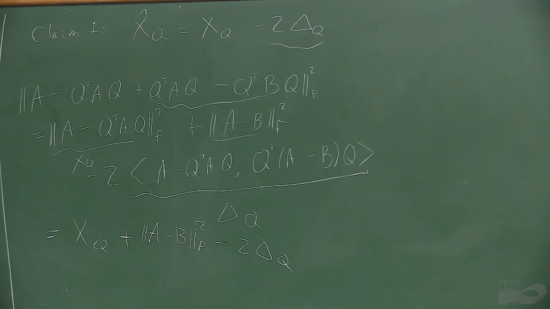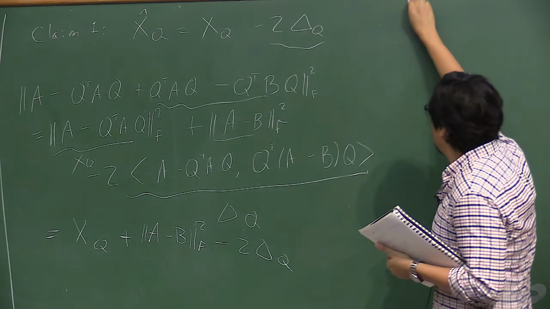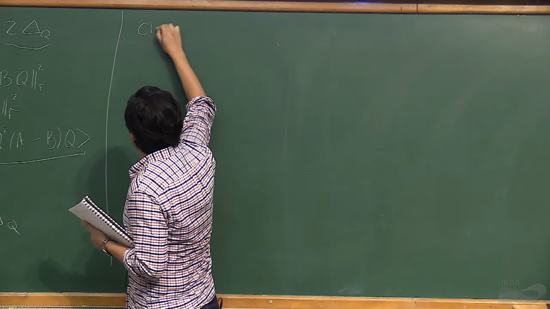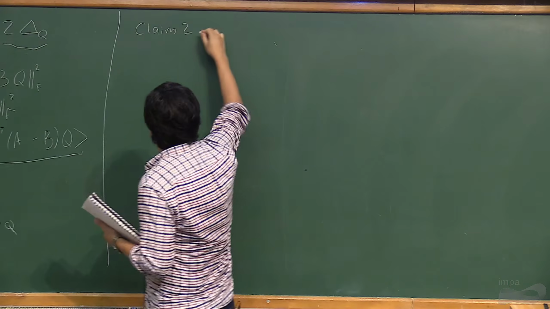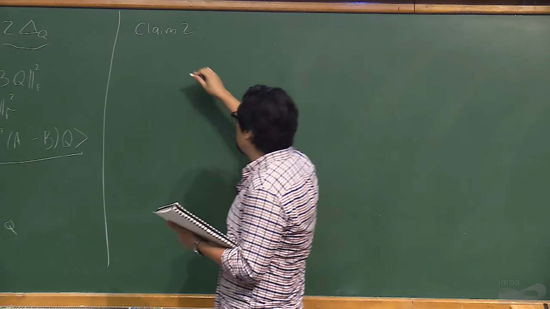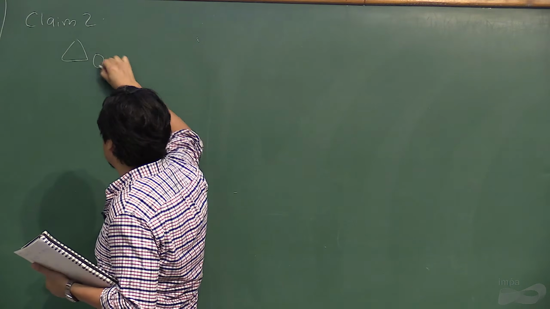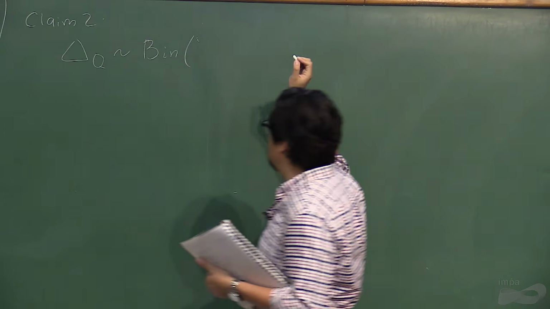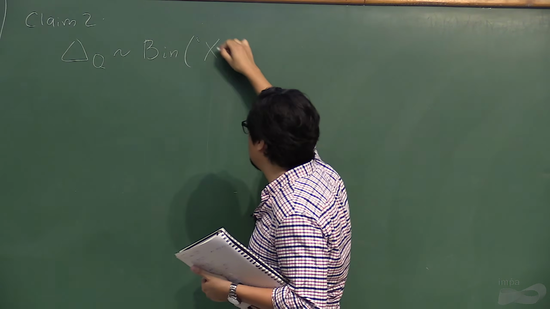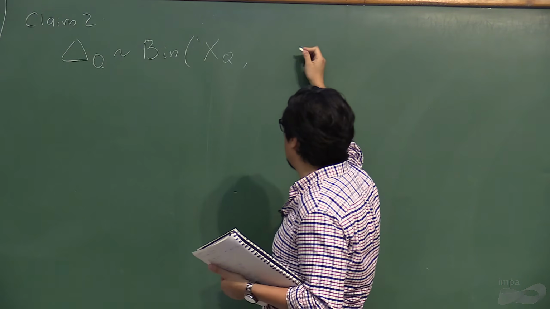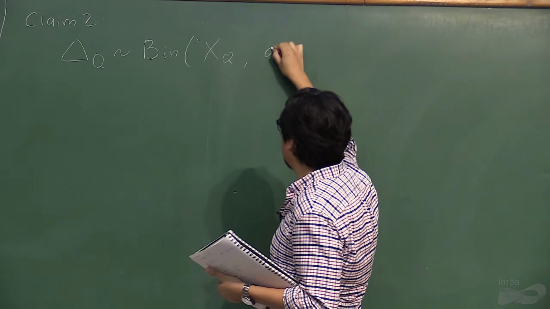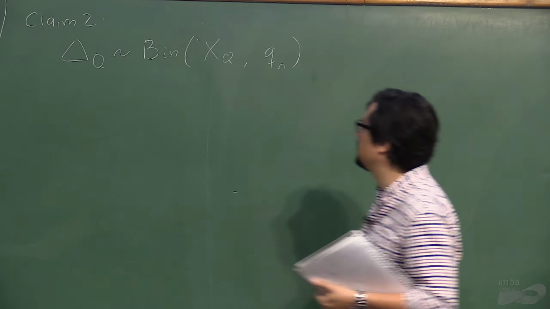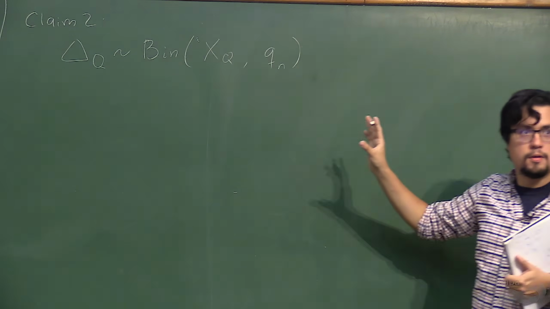So once I have it in this way, the next thing is to check that delta Q is a binomial random variable with parameters XQ and a probability little qn. Okay? So the probability of perturbation.